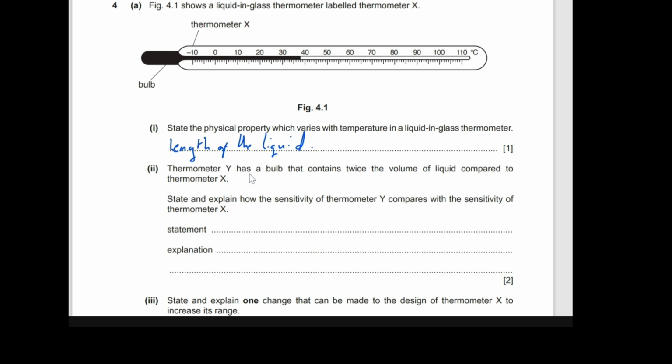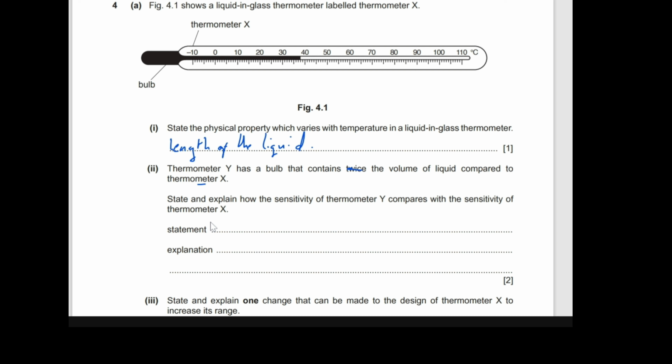Thermometer Y has a bulb that contains twice the volume of liquid compared to thermometer X. State and explain how the sensitivity of thermometer Y compares with the sensitivity of thermometer X. Twice is the keyword here.